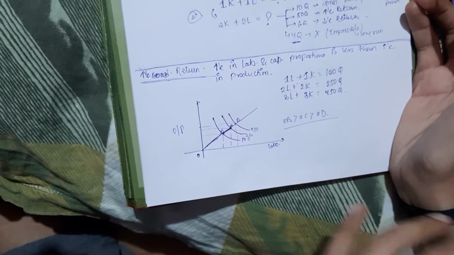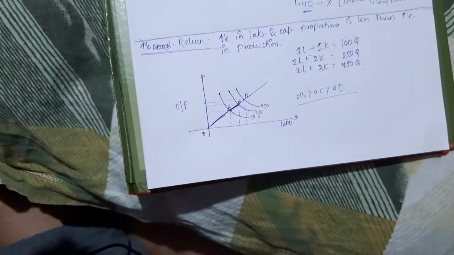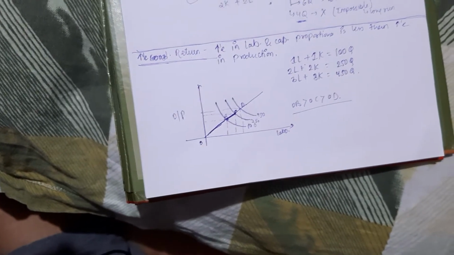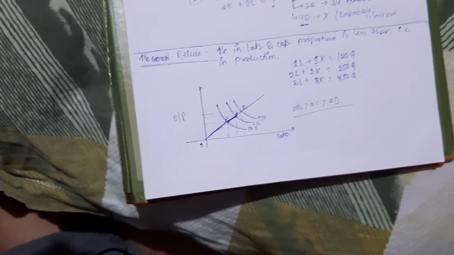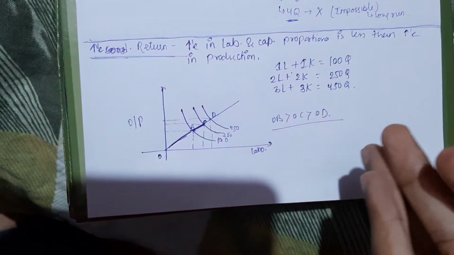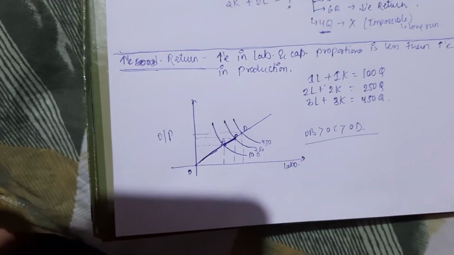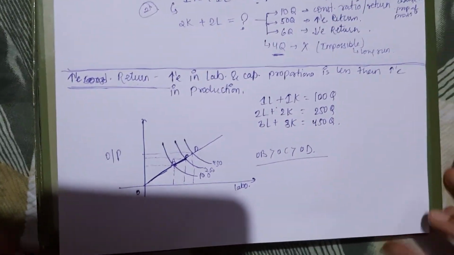It does not matter whether it doubles or stays constant. It may decrease, but it doesn't mean that we also bear loss, meaning negative return. Negative return is impossible in the case of the law of return to scale.